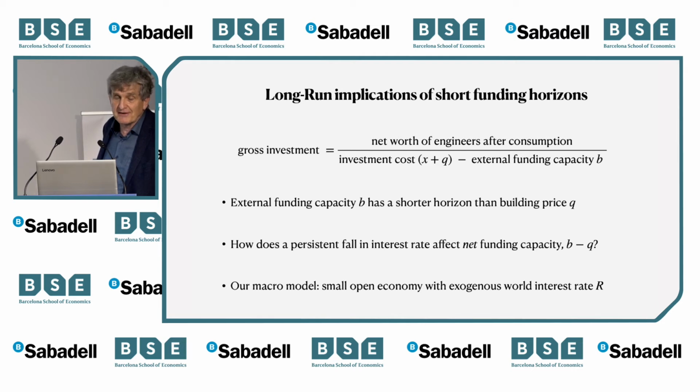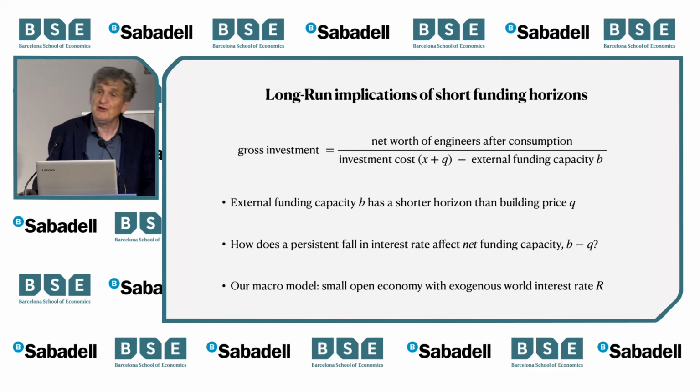Q, the price of buildings, goes up when interest rates permanently fall. B, my ability to borrow per unit, goes up when interest rates fall. That's the usual everyday sense that low interest rates are good for borrowers. But the question is the race between Q and B: is it won by Q or B?